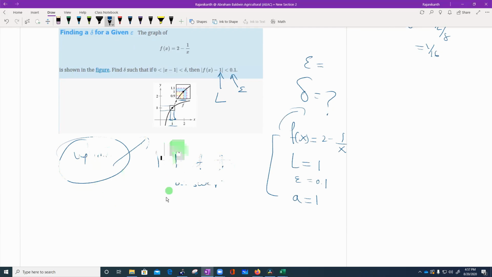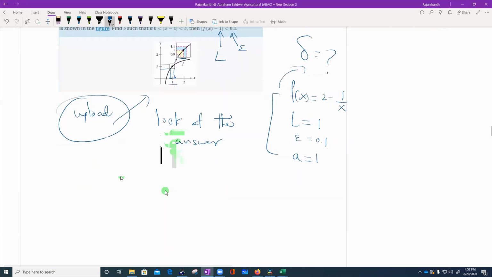Then try to understand. So I'm giving today, you could go through after uploading all the steps, whatever I have given, and it should be good because I have explained everything in words. Your task is to find delta.